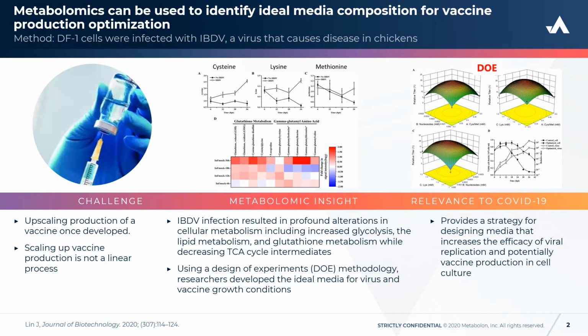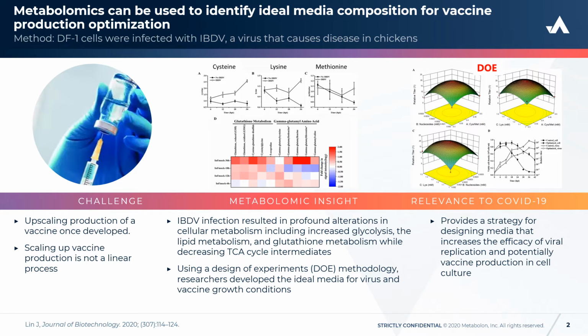Now, if you imagine when a virus enters a host cell, it basically hijacks the machinery to try and replicate itself and infect the host. And a virus, imagine what it's made up of. In this case, in IBDV, it's an RNA genome similar to COVID-19, and it's encapsulated by a protein. And when it replicates, it needs to transport from cell to cell, so it needs vesicles, which are made up of lipids.